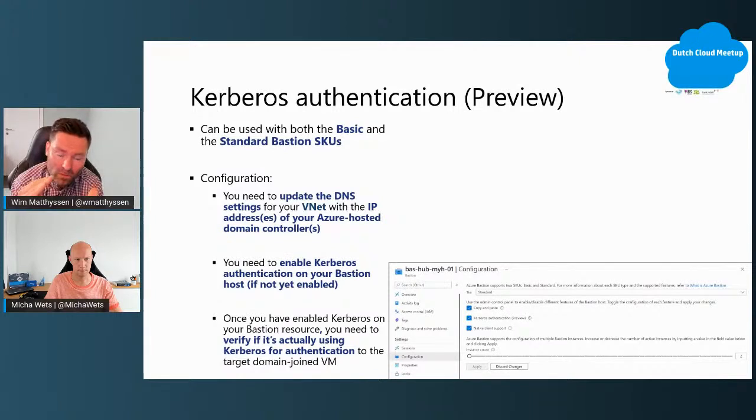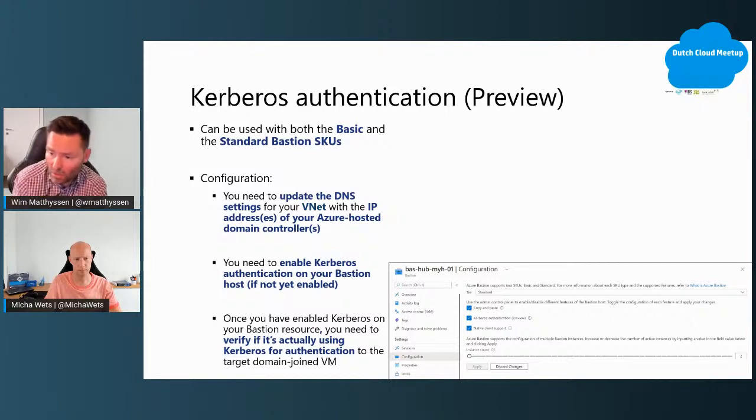A new feature, which is currently in preview, is Kerberos authentication. By default, Azure Bastion connects through NTLM, but to better secure it, you can also use Kerberos. You need to have your own Azure IaaS domain controller in your environment. It should have the DNS server role installed on it. Then you specify the IP address of your Azure IaaS domain controllers on the VNets as DNS servers.